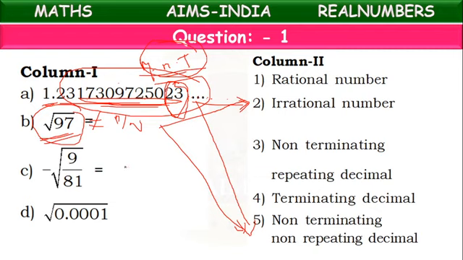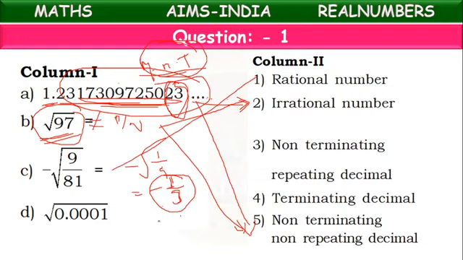Root of 9 by 81, we can cancel it: root of 1 by 9, or minus. Square root of 1 is 1, square root of 9 is 3. So minus 1 by 3 is a negative rational number. But what if we divide 1 by 3?